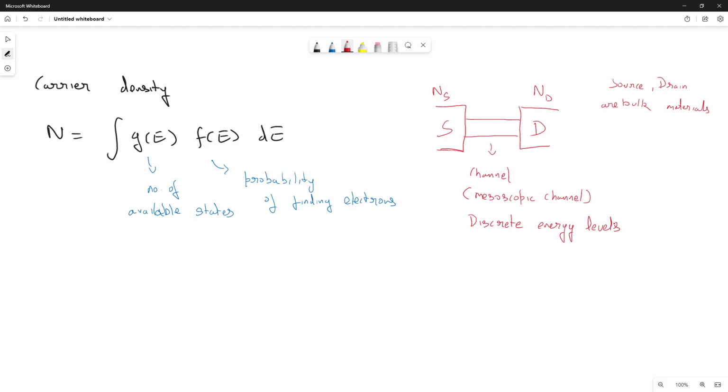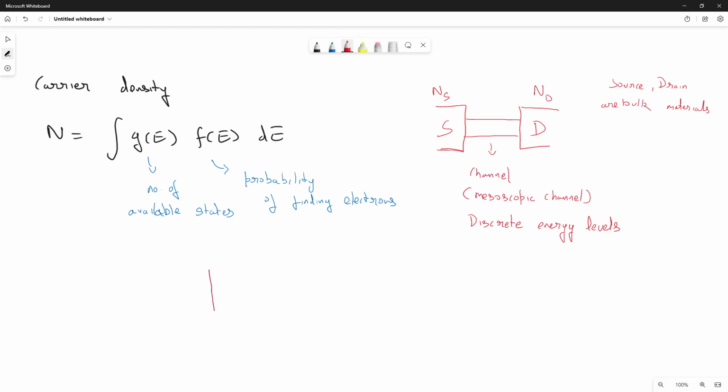Yes, sir. Wonderful. So now these have discrete energy levels. And so what happens? You can imagine this process like this. Essentially, this is a very schematic understanding of things.